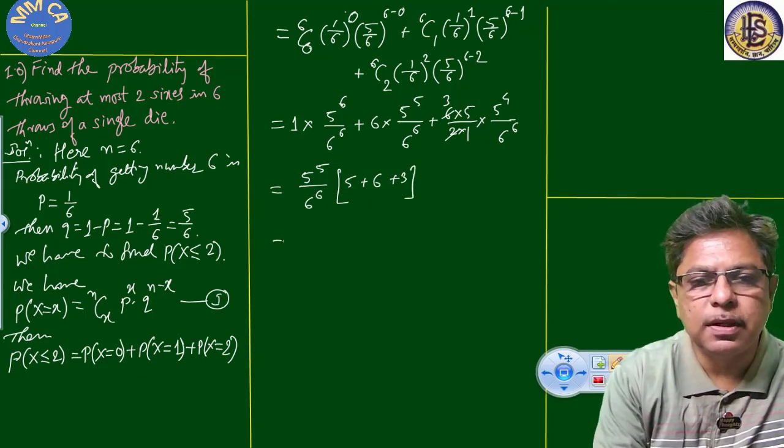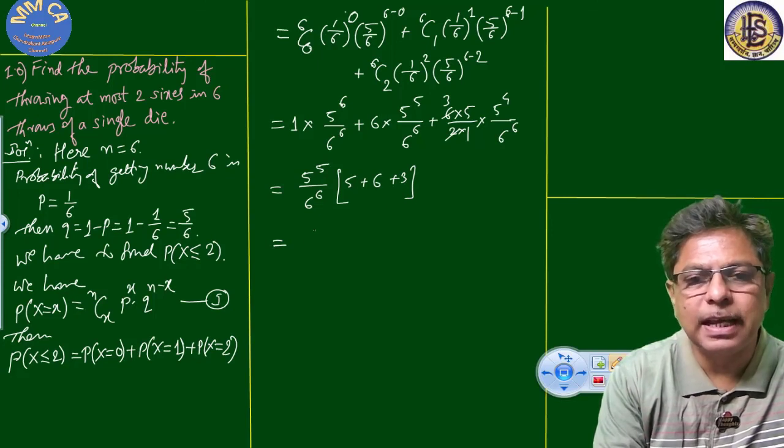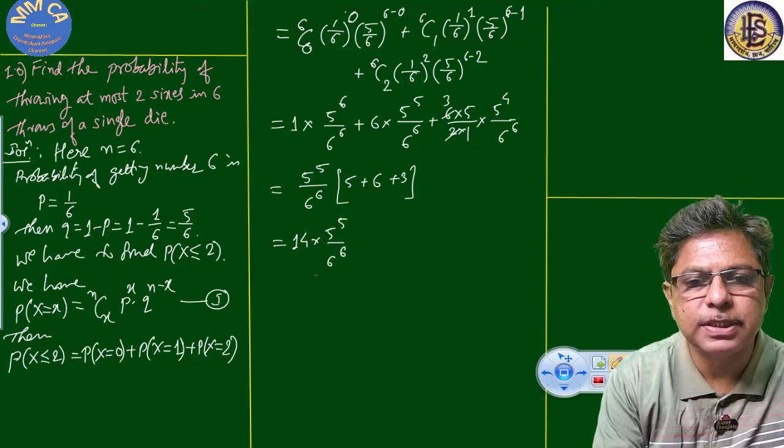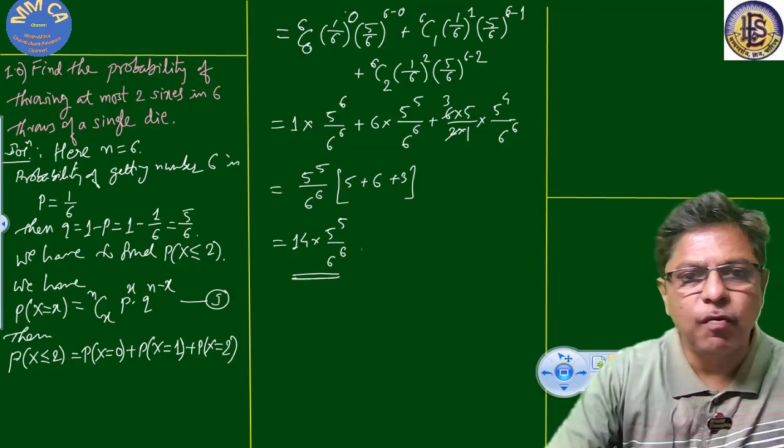And so what remains is 5 plus 6 plus 3, and its total is 14. 14 into 5 raised to 5 divided by 6 raised to 6. And this is the answer for the given question.